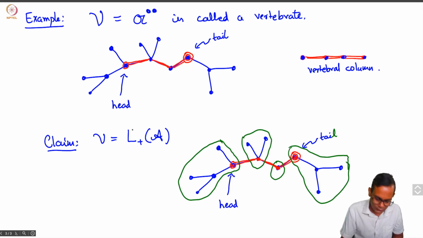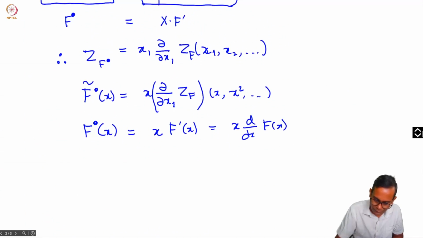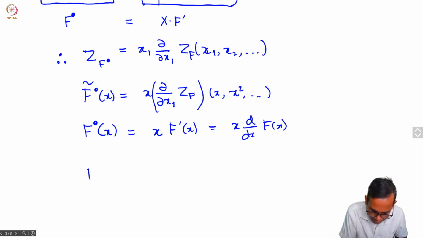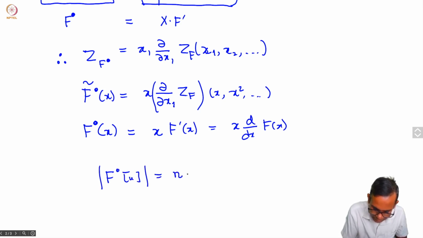So let's put together these two things. And so firstly, from this identity, what we get is that if we have f of x, the nth, let's just write it like this, f dot n cardinality is n times the cardinality of f of n.